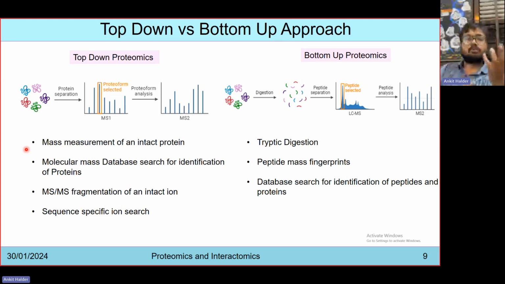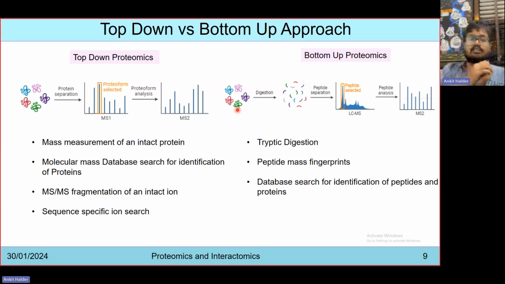But what is mostly used is bottom-up proteomics, where the proteins are subjected to some kind of enzymatic digestion. This enzymatic digestion chops your proteins down into smaller fragments called peptides. Once we have the peptides, we separate them in the liquid chromatography, and then we perform mass spectrometry.